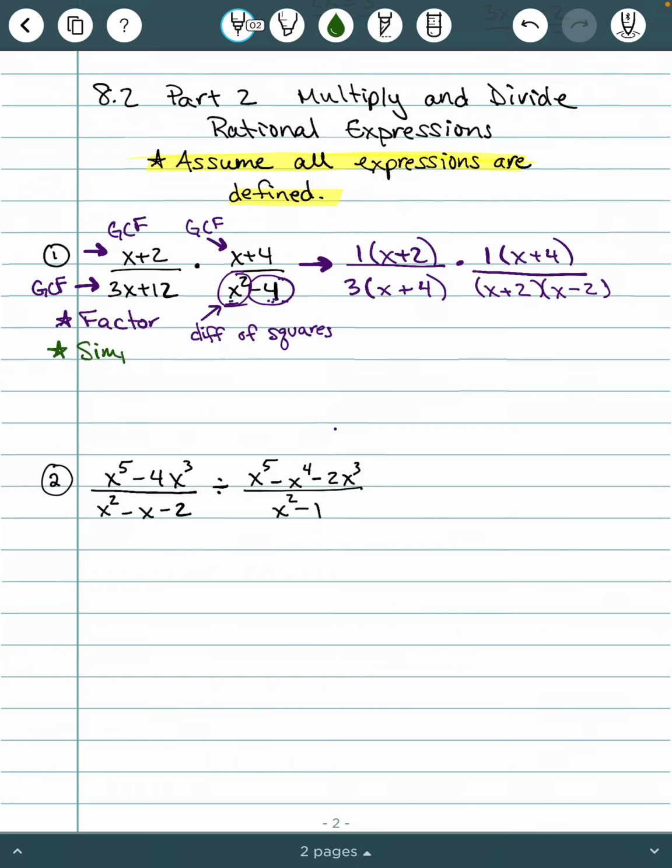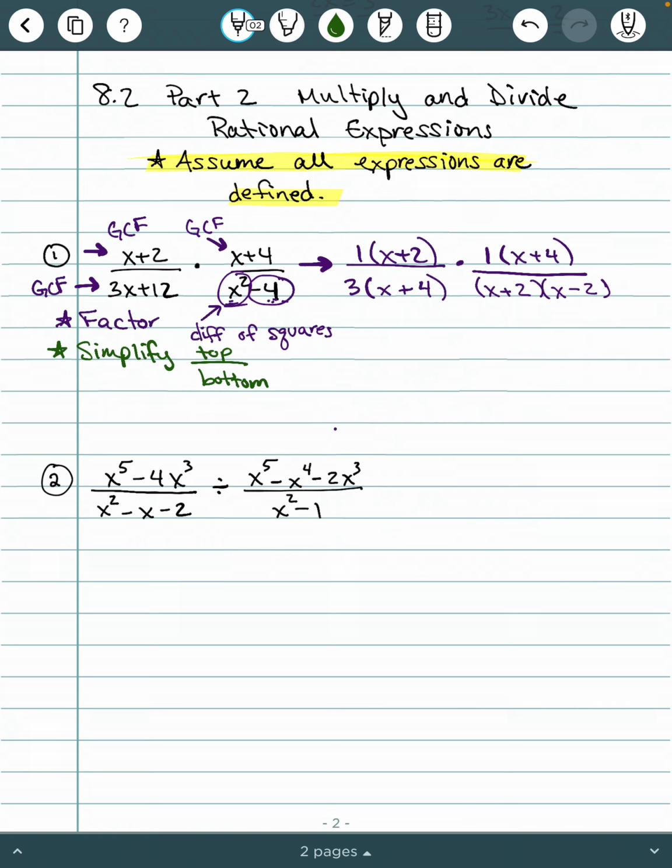Second step is we're going to simplify, just like we did before. You can simplify anything from the top cancels with anything from the bottom. What you cannot do is cancel things top and top or bottom and bottom.